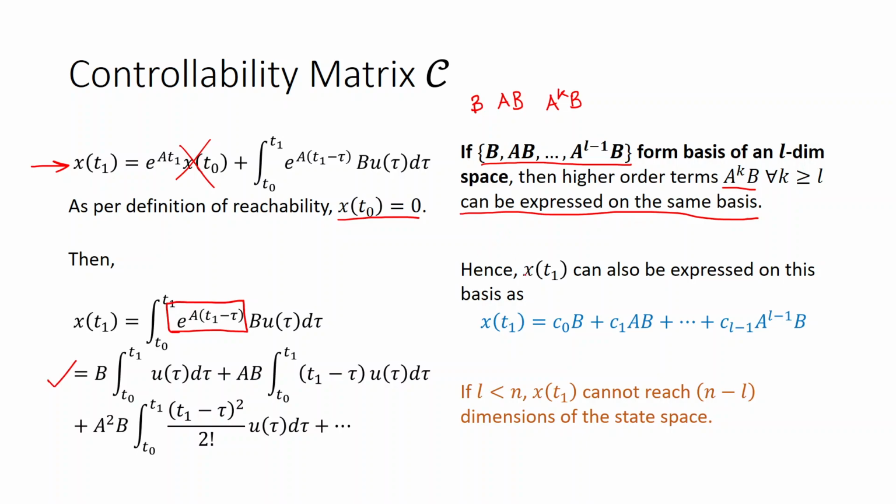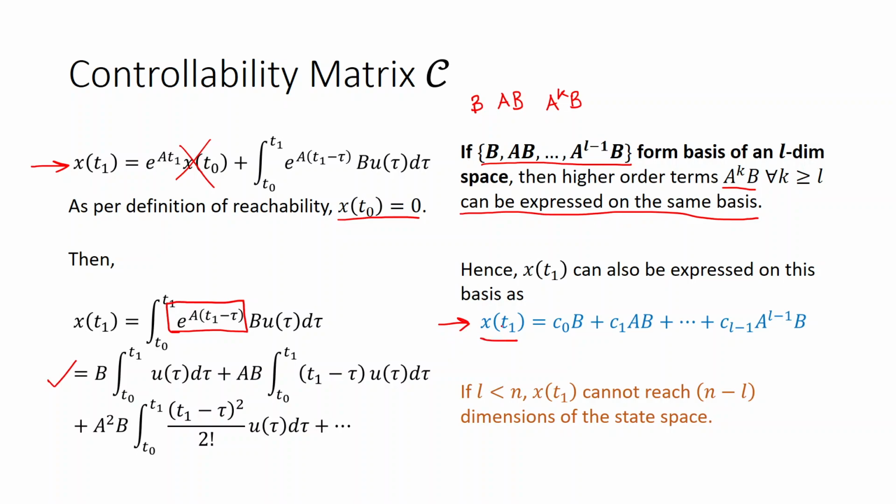When this happens, then your x(t1) is B multiplied by some coefficient, and this integral will also evaluate to some coefficient. So these are like some scaling of these basis vectors. There are so many vectors, but what I am saying is there are only L number of basis vectors.